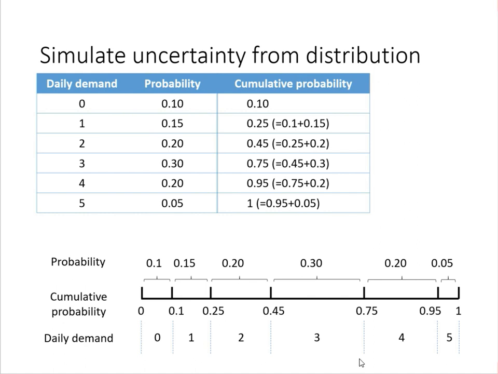In other words, the probability that this magical device generates a number between 0.45 and 0.75 is exactly 0.3. That's why when I see a generated number in this range, I will say the simulated demand is 3. Conceptually, this is how you simulate an uncertainty based on the probability and also cumulative probabilities.